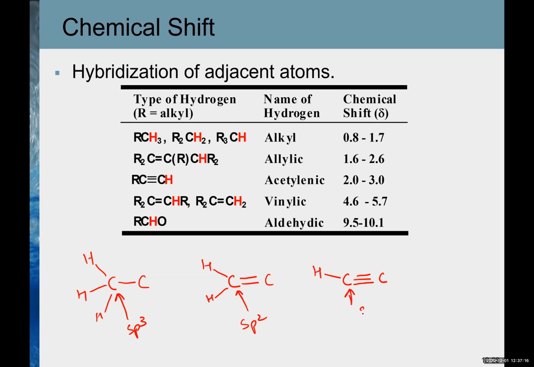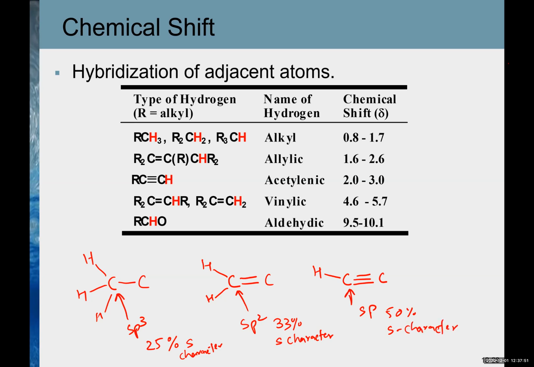This is sp. Now we know that sp3 has 25% s character. How much s character is present in sp2? 33%. And sp is 50%, right?